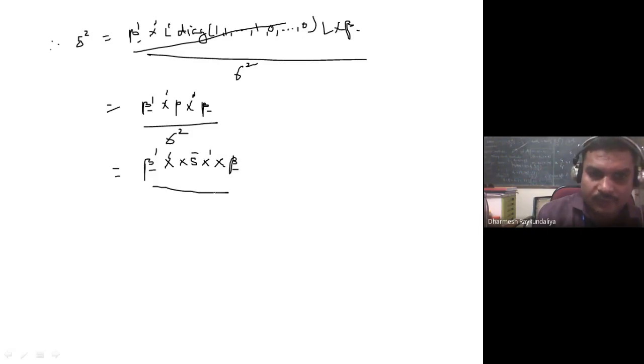Beta upon sigma square. But what is this? It is s. So we can write it as beta dash s bar s beta upon sigma square. But we know that s bar s is equal to s. Why? Because s bar is a g inverse of s.